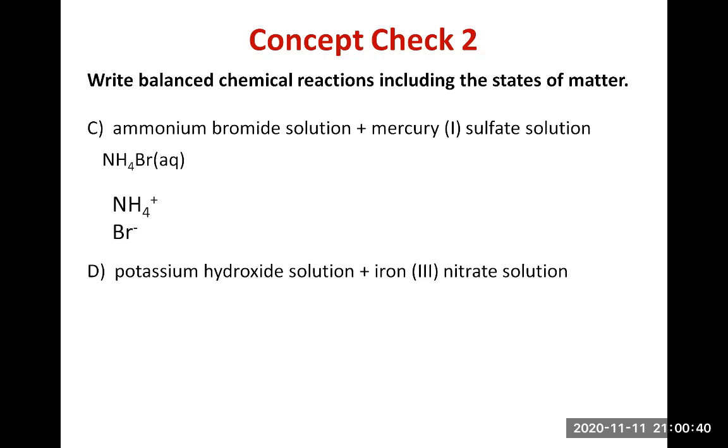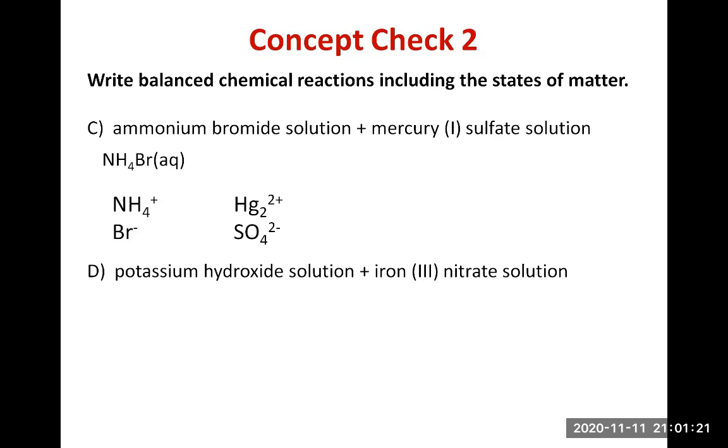Mercury(I) sulfate. Mercury(I) is a very special ion here. It's given in the tables in chapter 5 of your textbook among the variable charge metals. When it's mercury(I), it's 2 mercury atoms with 2 positive charges. So it's Hg2 2+. And then the sulfate is a common polyatomic ion. It's SO4 2-. So look at your list of polyatomic ions to verify the formula.